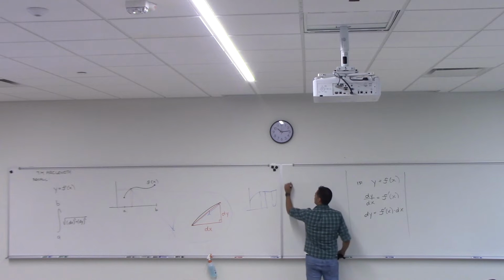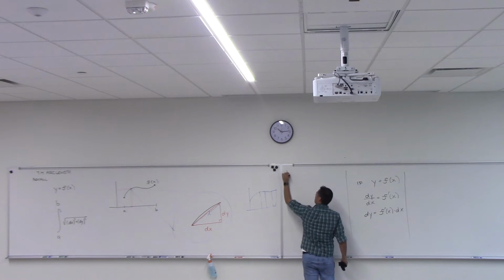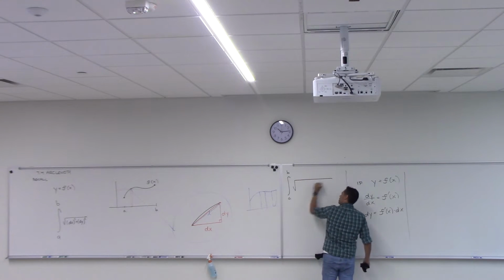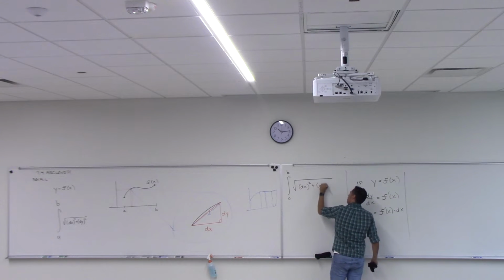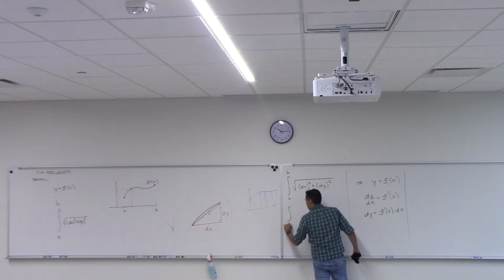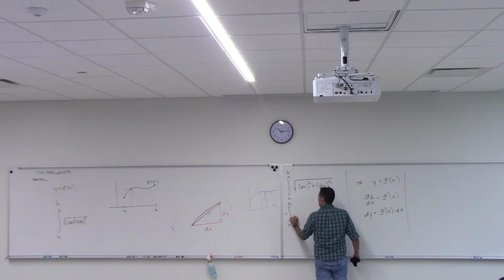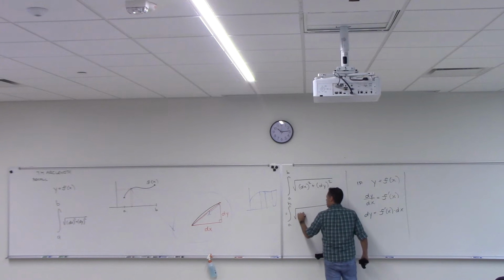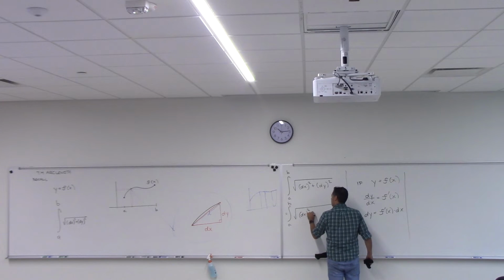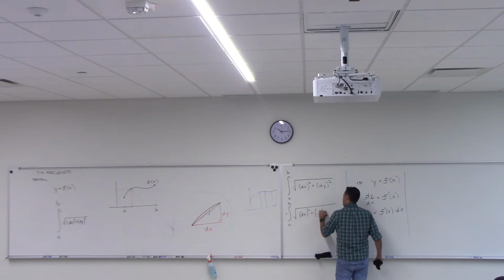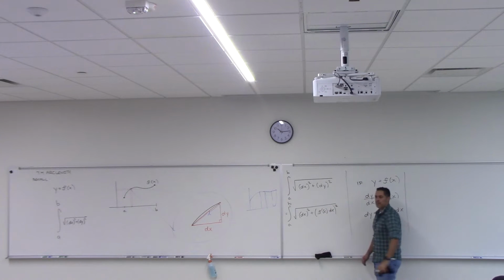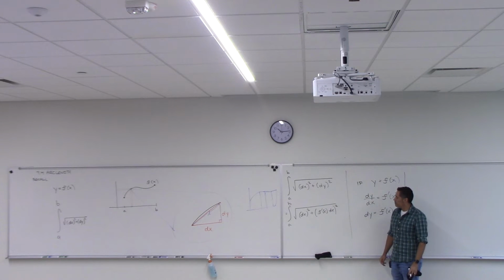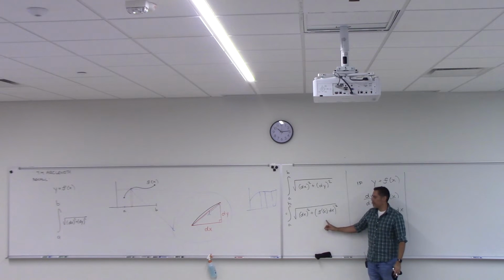So I'm trying to do this integral from a to b of the square root of dx squared plus dy squared. But I just found a formula to replace the dy. So this is dx squared plus, now I have f prime of x times dx, but that whole quantity squared, right? That's what dy is.